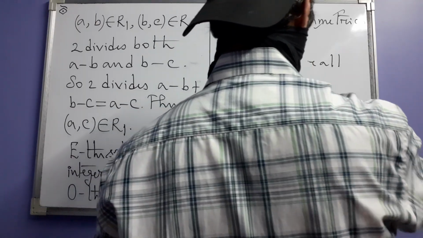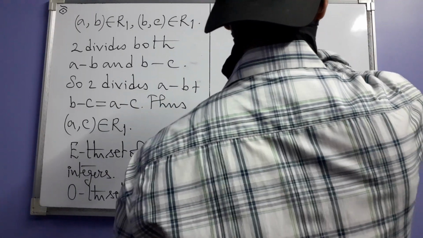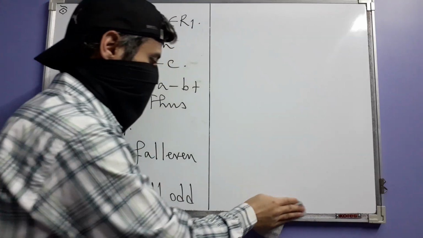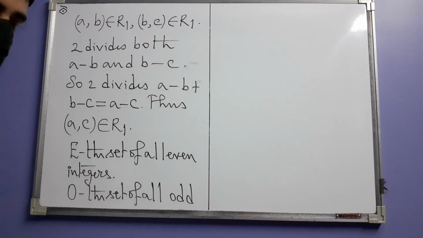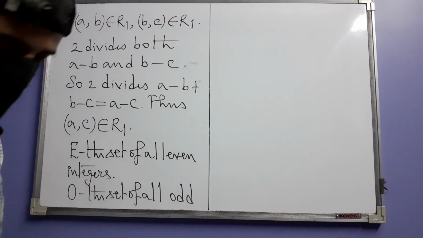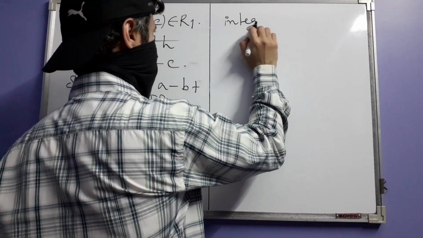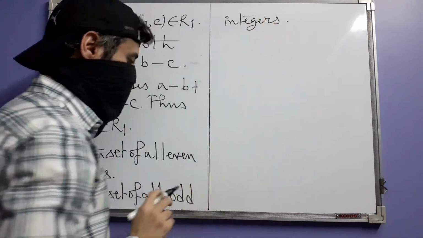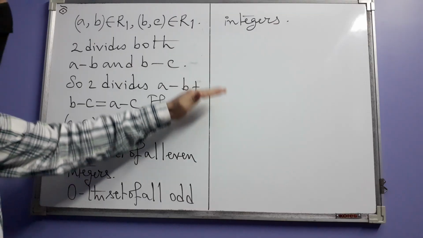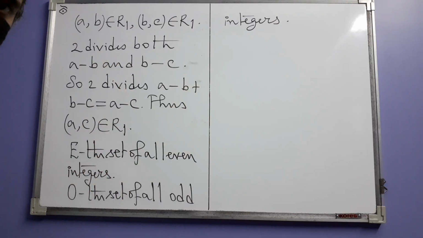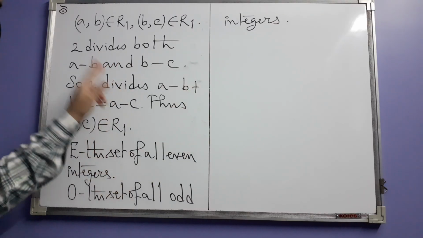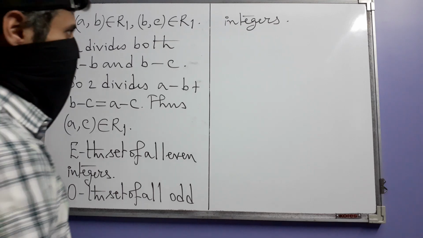Why are we suddenly bringing these sets here in this discussion? What do they have to do with this relation? Well, we are going to make 3 observations about these sets and how they are related to this relation.